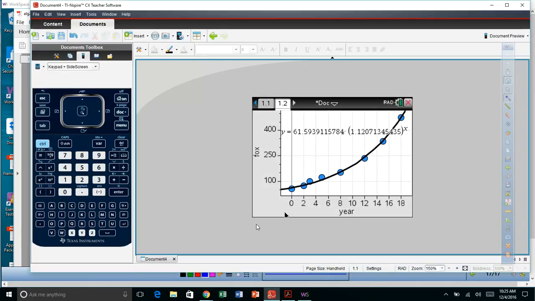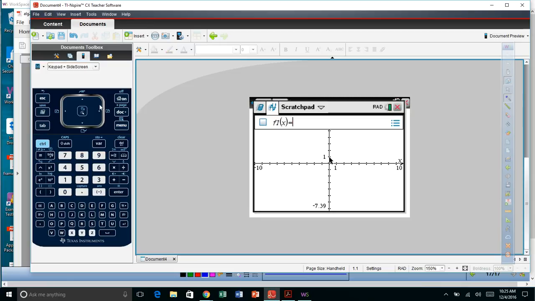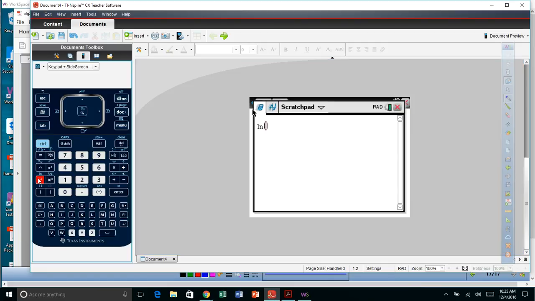And if you go to your calculator, we got the natural log of 1.12, and that gives you 0.113.